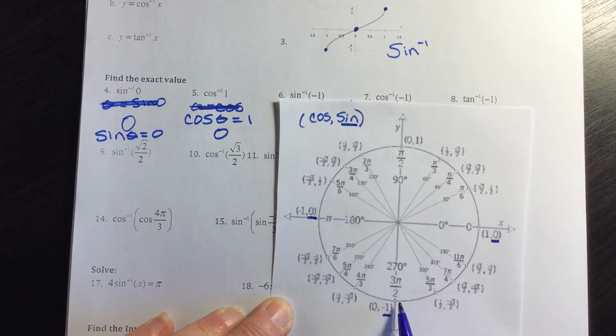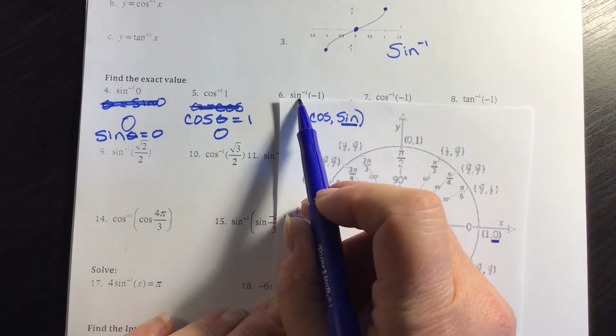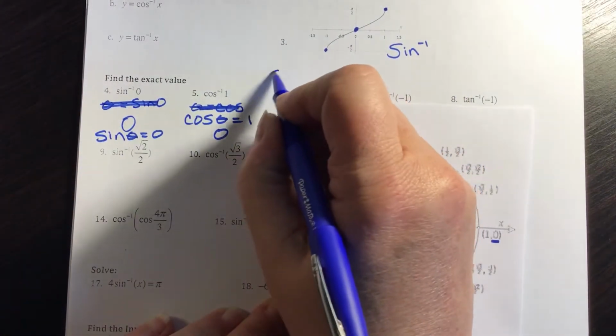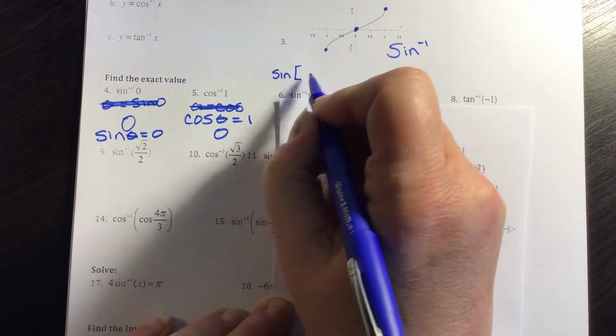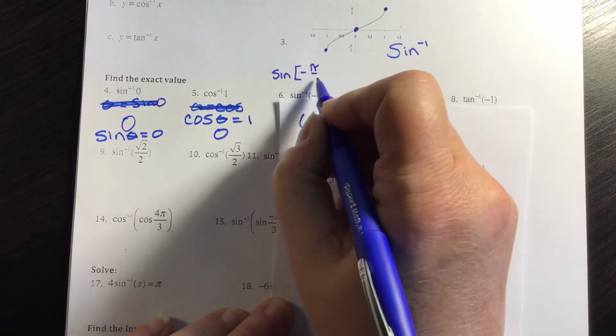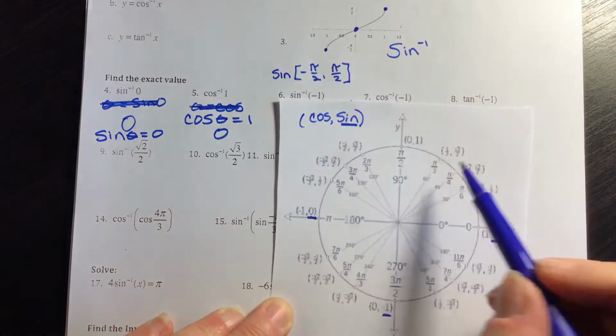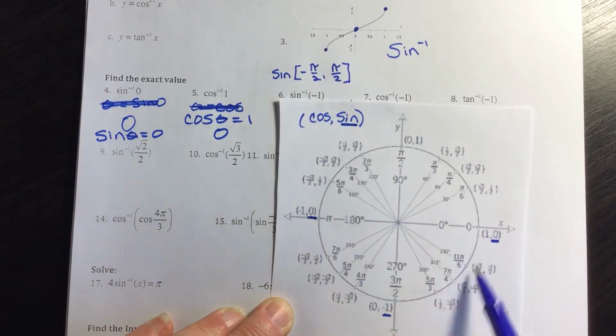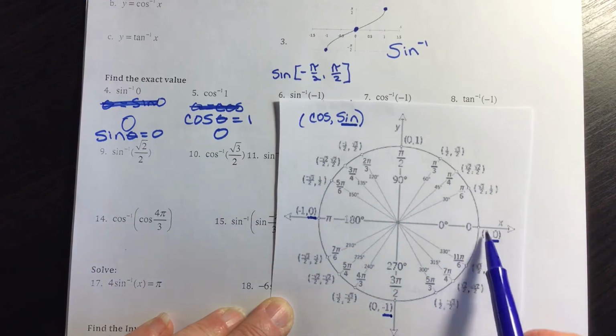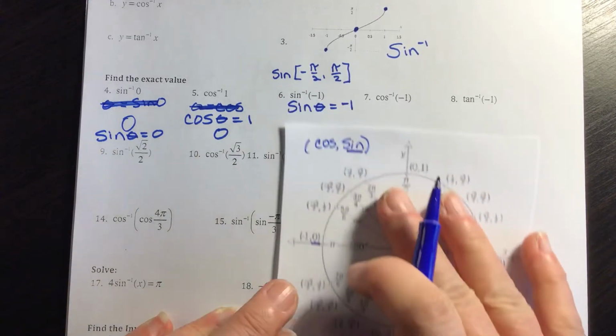So if you write 3 pi over 2, technically that is the same angle, but because we're working with an inverse function, our sine domain has to be negative pi over 2 to pi over 2. So I want to look for an angle on here. This is the angle, and this would be negative pi over 2.